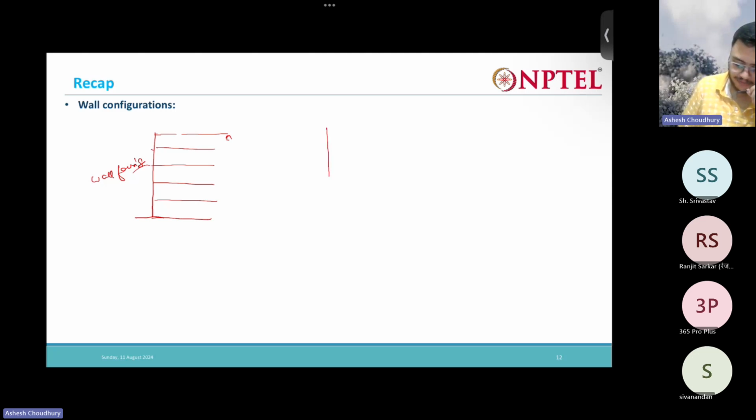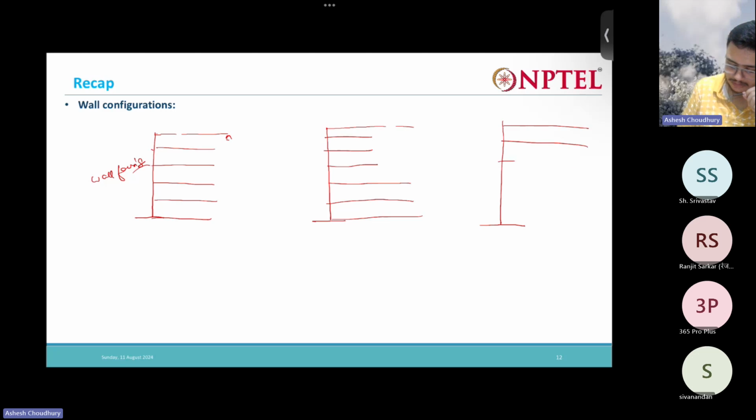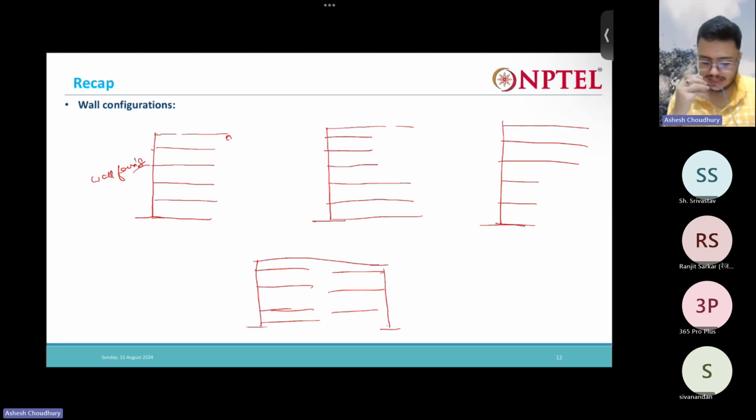Then you can have it like this, or like this, or you can have back to back walls. So these are some of the basic wall configurations we can have.